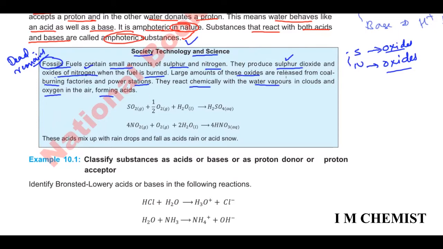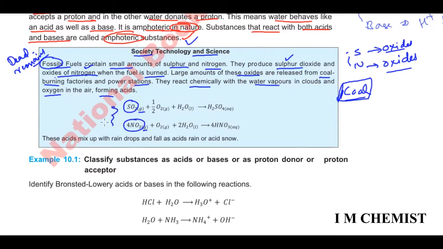Large amounts of these oxides are released from coal burning factories and power stations, which produce large amounts of oxides of sulfur and nitrogen. Now these oxides are in gaseous state, so they move into the open atmosphere where they react with clouds and oxygen in air and form acids. Like we have sulfur dioxide, we have nitrogen dioxide.